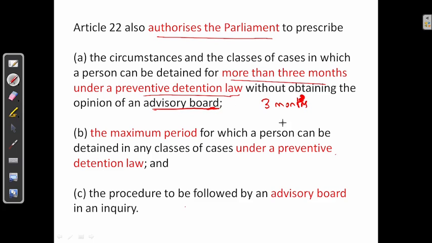But here, Parliament is the higher authority, so Parliament can prescribe that the person can be detained for more than 3 months without the opinion of the advisory board.